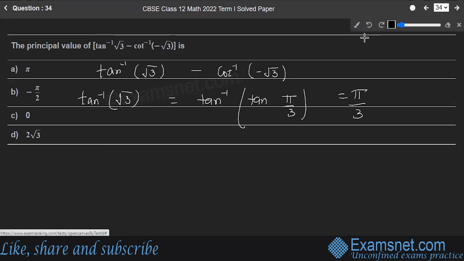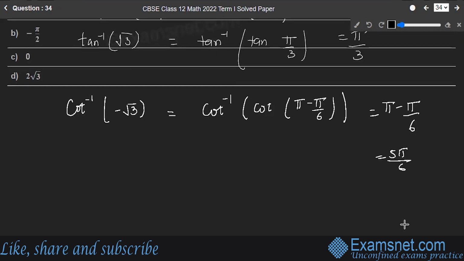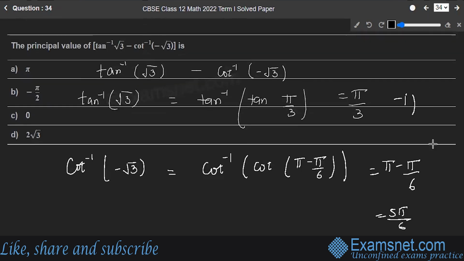Also, cotangent inverse of minus root 3 is equal to cotangent inverse of cot of pi minus pi by 6, because it is lying in the second quadrant. Cotangent is negative in the second quadrant. So this gives you the value pi minus pi by 6, which is equal to 5 pi by 6. Now let's fill both of these values 1 and 2 in this equation.